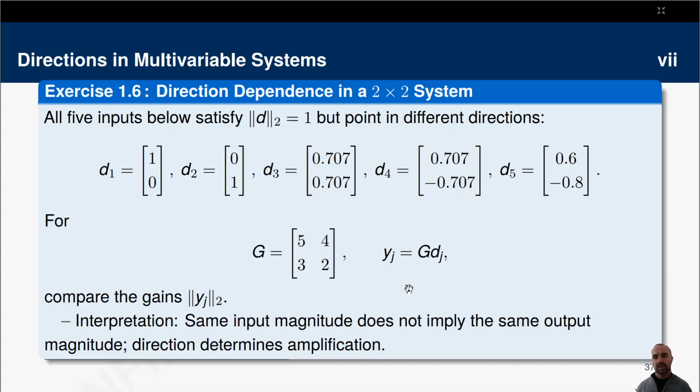I just want to make sure that we are comparing the output corresponding to one input to the output corresponding to the next input. So you need to compute Y_j using the matrix multiplication you have here, and once you quickly compute that, you can compute the 2-norm for every output and then rank the results.